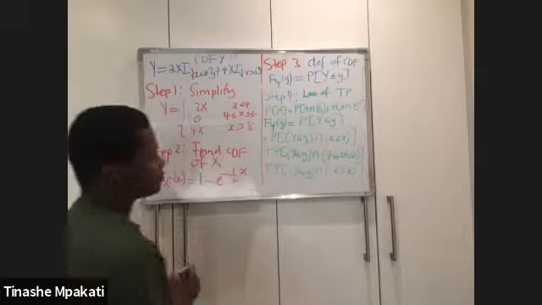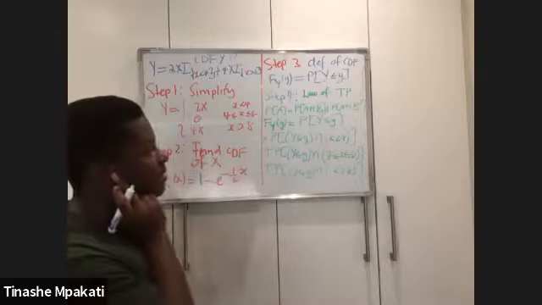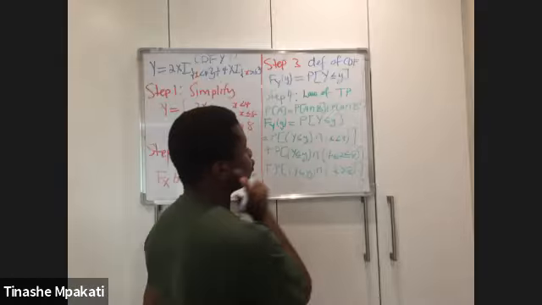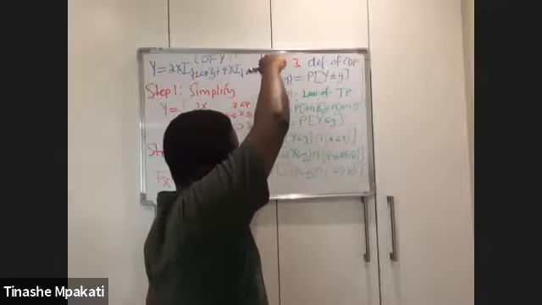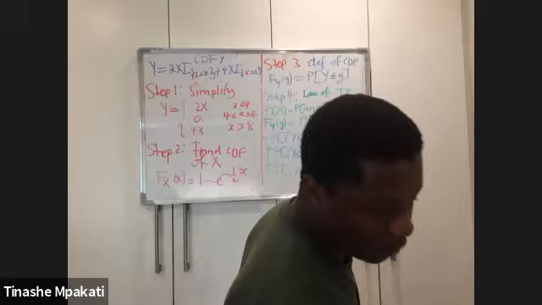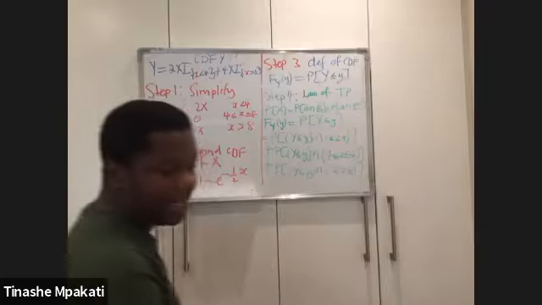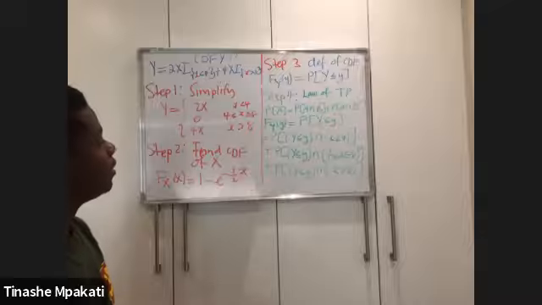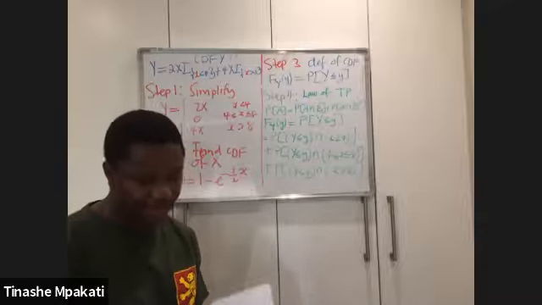Cool. Again, it's very important, like I mentioned earlier, to check from the definition of your indicator function whether it is X less than or equal to 4 or just X less than 4. I'm going to assume that everything is okay.